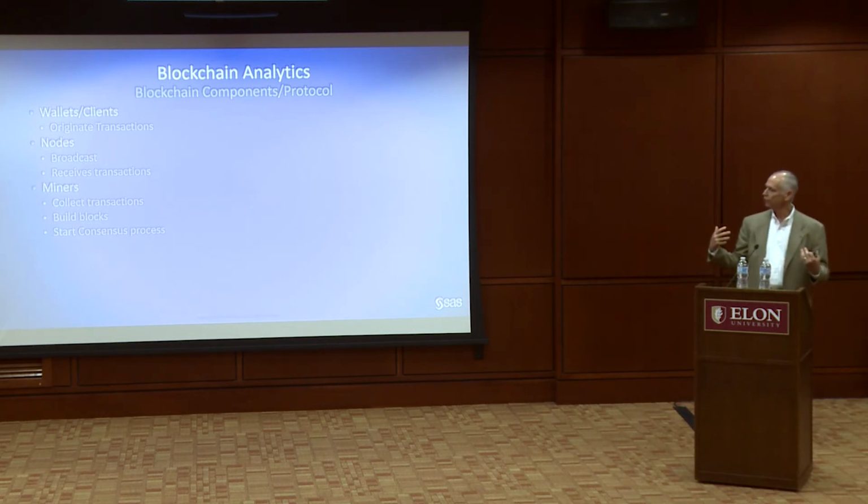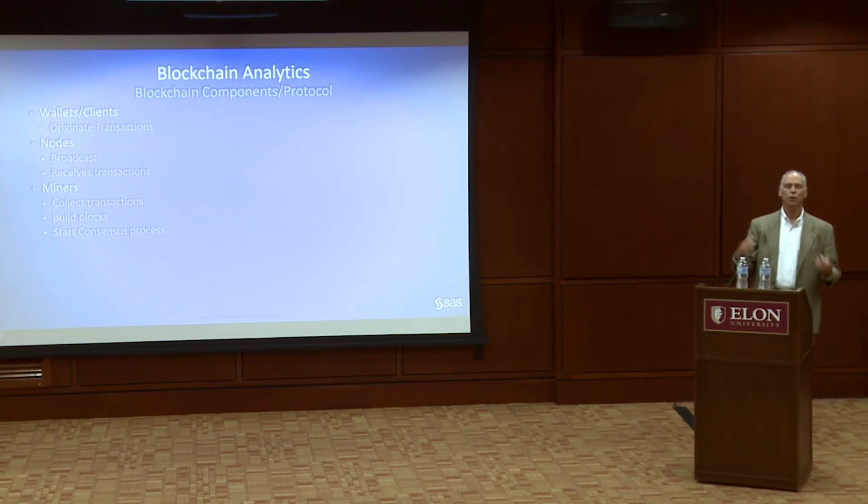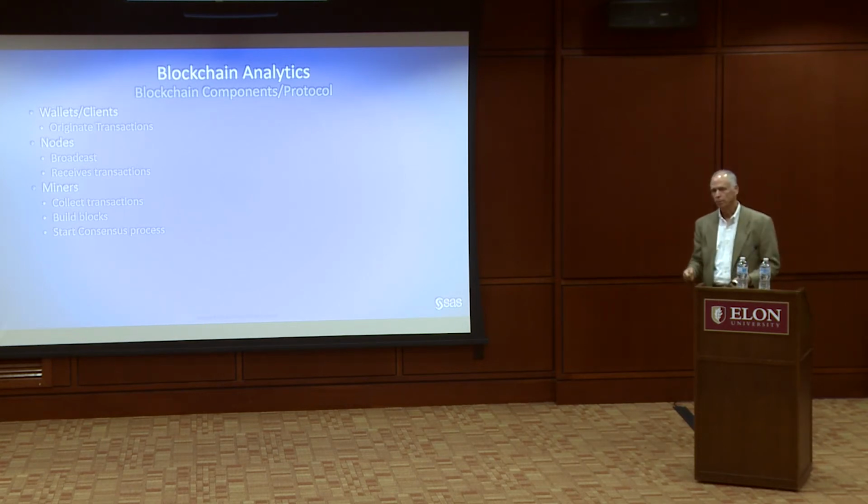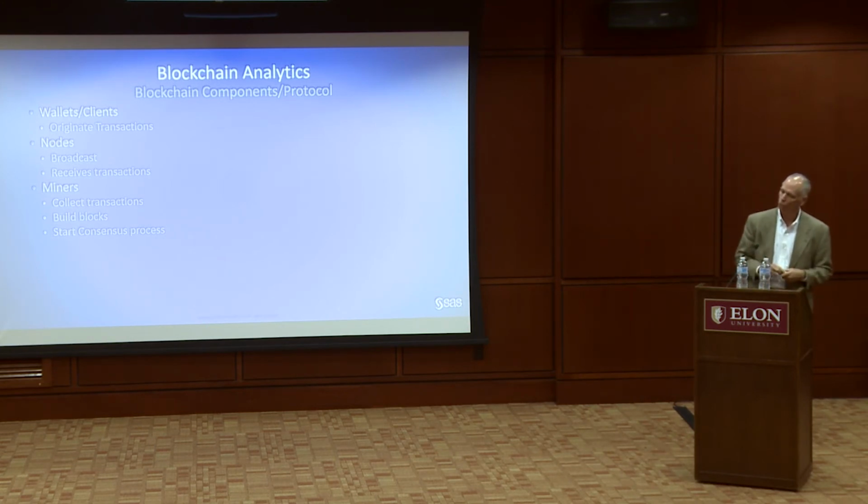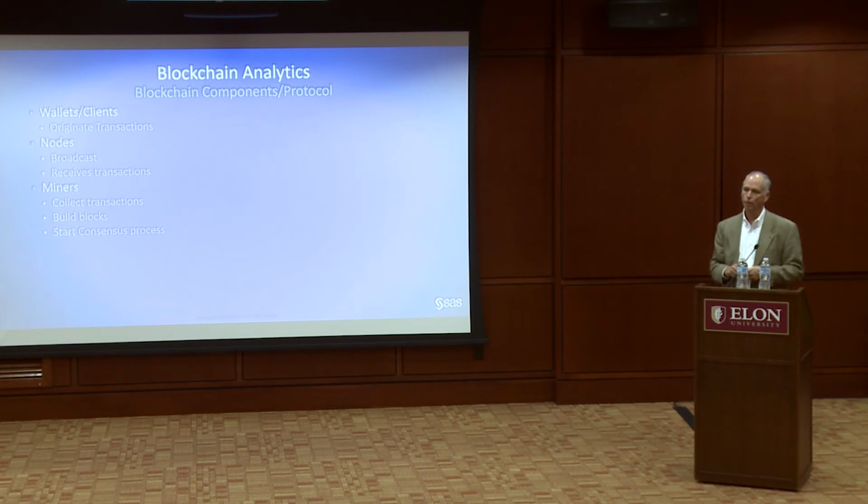So the miners collect these transactions, they build blocks, and they start a consensus process. Bitcoin, Ethereum, Litecoin, Monero, Zcash all use what's called proof of work. And it's like guessing the lottery. They have these hashing machines that constantly guess. They call it a mathematical puzzle, but it's not.